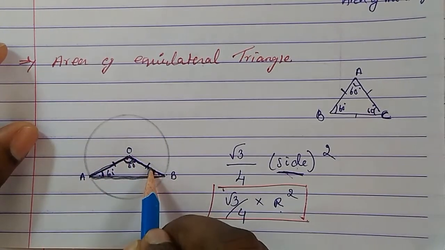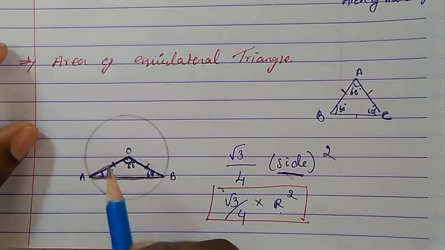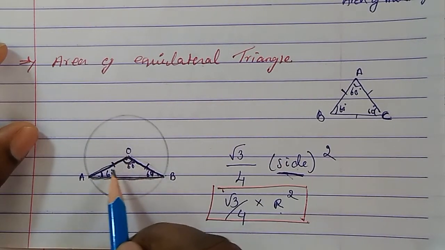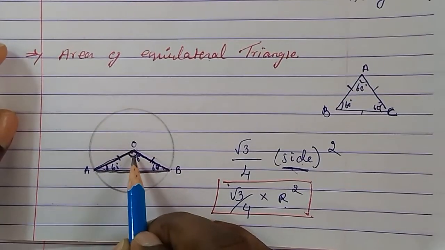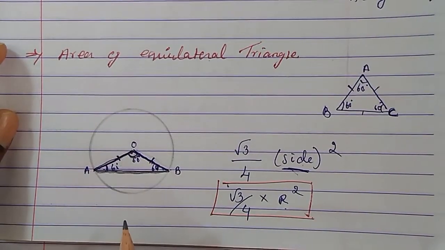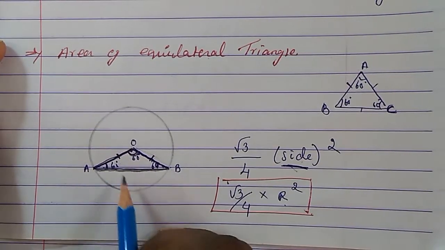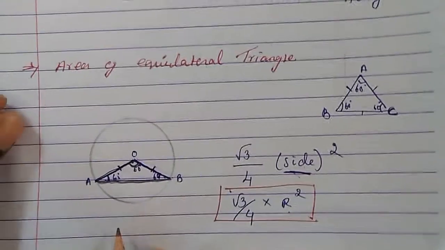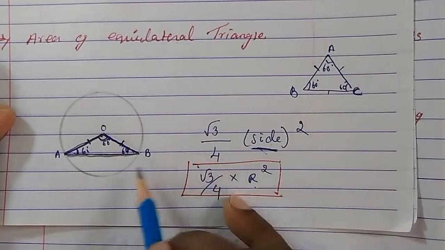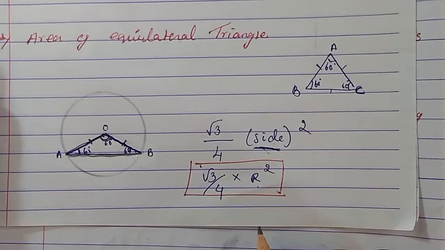If both the sides are the same, their opposite angles also will be the same. So if the total sum of the angles is 180, then from 180 you minus 60, the remaining 120 will be equally divided on both sides, because both side angles also will be the same. So that's how this becomes an equilateral triangle. And the area of an equilateral triangle formula is root 3 upon 4 sides square.